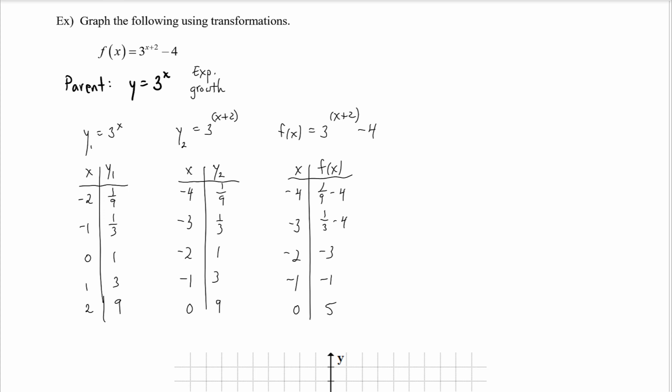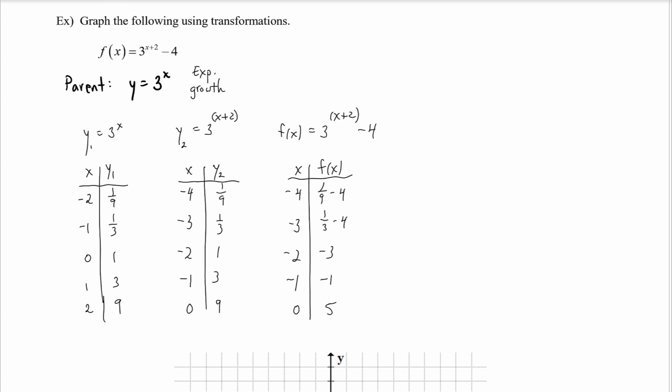Again, I'm plotting points here, so I don't need precision. Whatever 1/9 minus 4 is, I don't need a perfect value for that, because when I go to graph it, it's not going to be perfect anyway. But you can get a decimal if you want. It's fine. Grab a calculator, get a decimal. It's cool. No big deal.